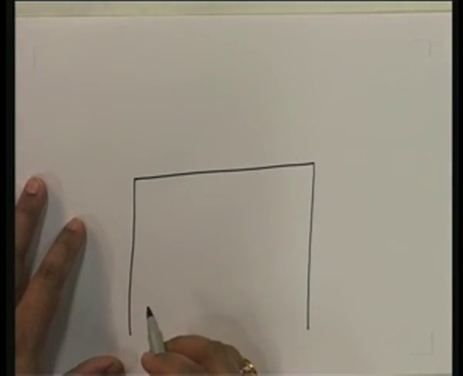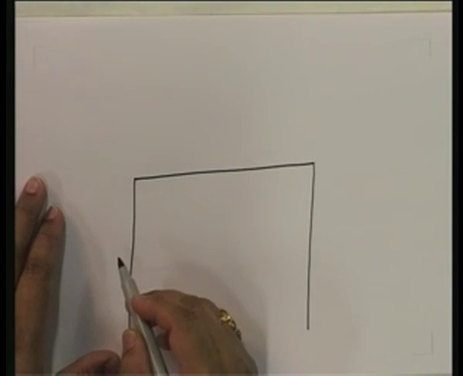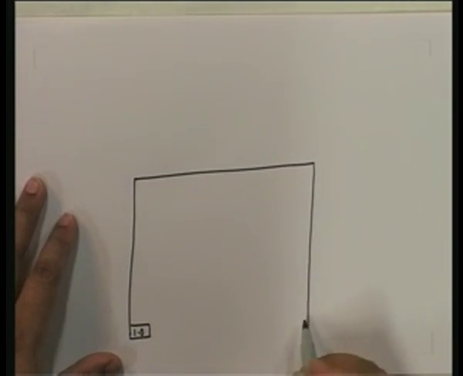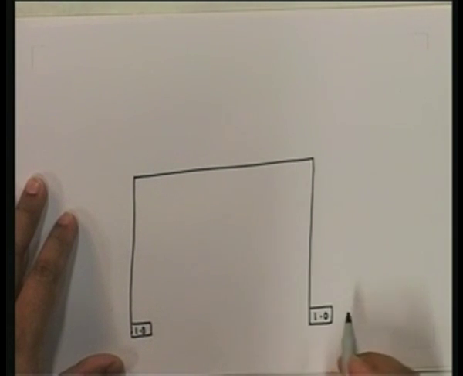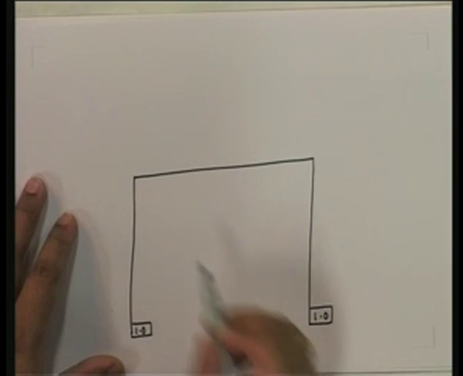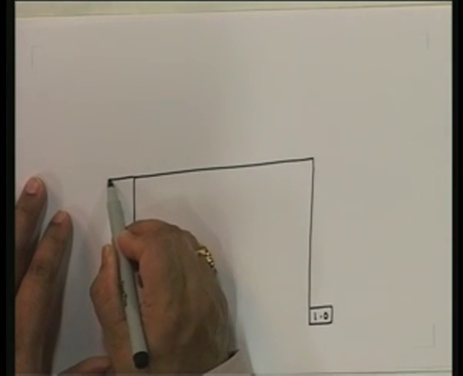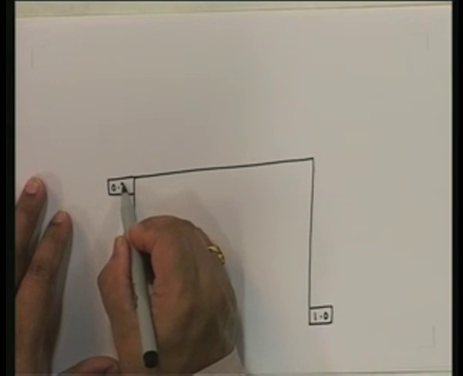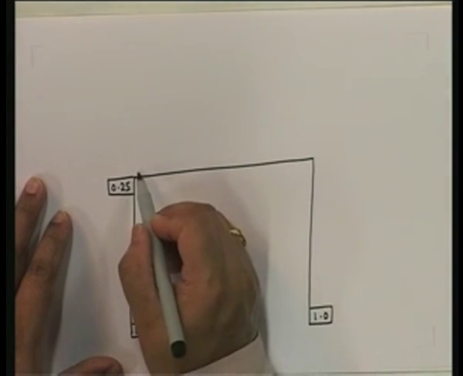Again, being consistent over here, you will see that this one is 1.0, and again this one over here is 1.0. Okay. Then we have over here, this is for BA, so the distribution factor is 0.25.